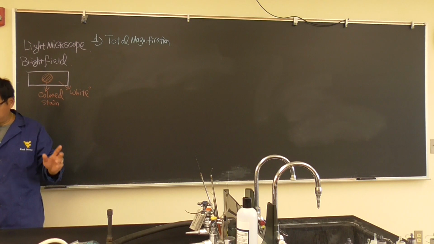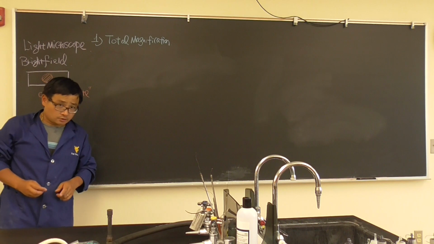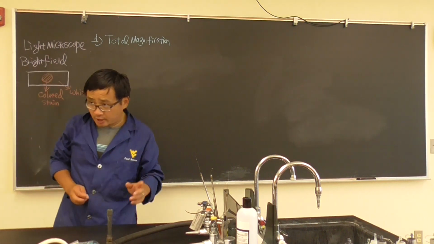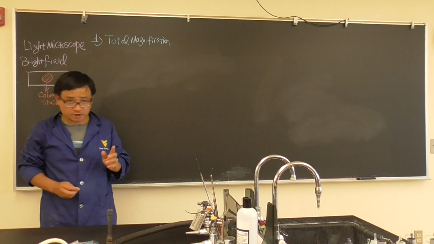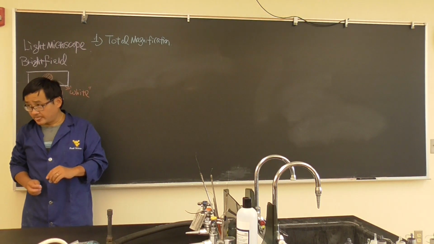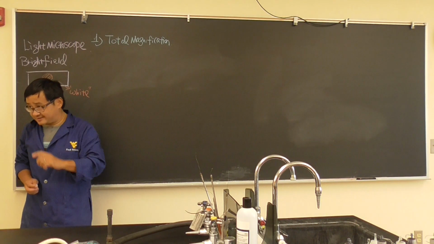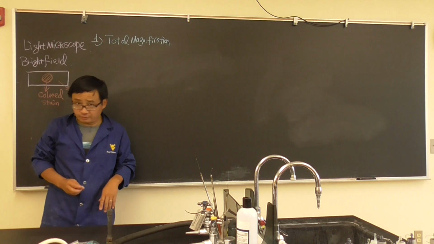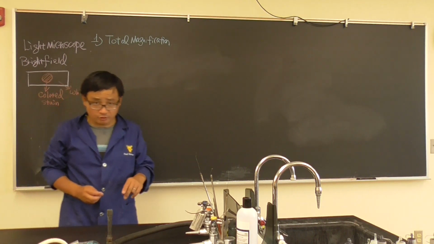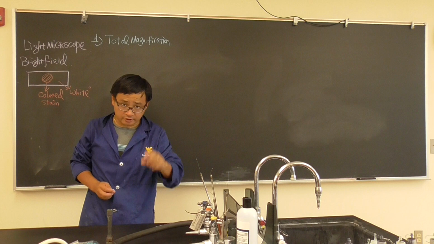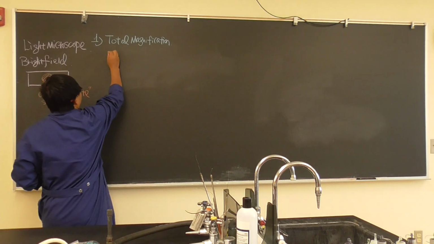Now, the first question I want to ask you is, if you look at your microscope, which part do you think is the most expensive one? Is it the lens? Yeah, we have two lenses, you will see. One is where you attach your eye. That is called the ocular lens.